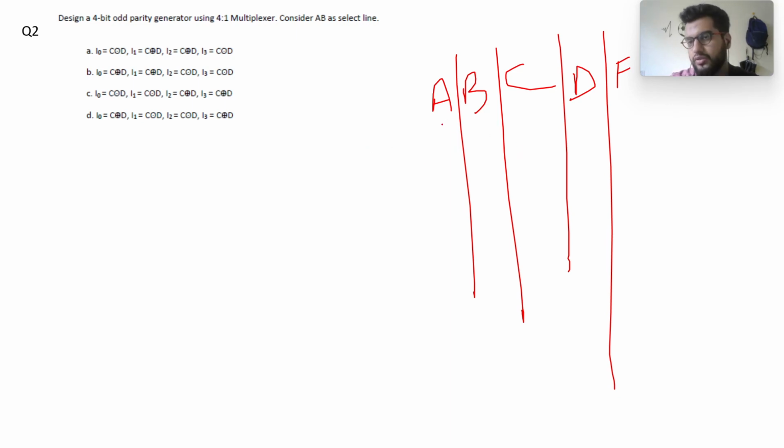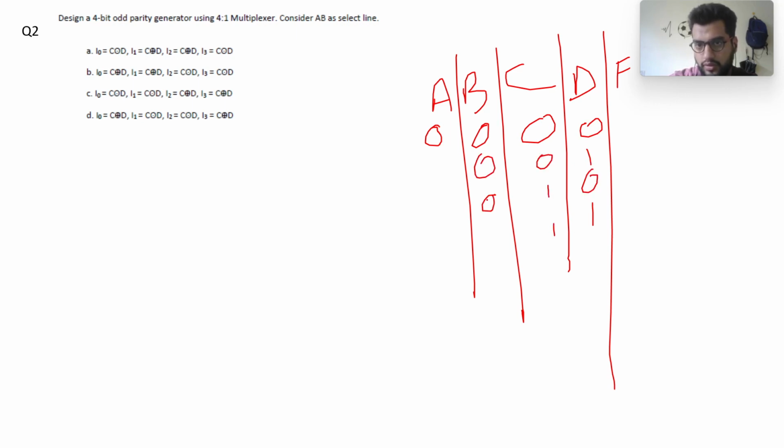So what is the function of an odd bit parity generator? It will give us the output 1 when we have to make the total number of bits odd. It will give output 0 if the bits were already odd. So I'll just start writing all the cases, 0 1 0 1 0.